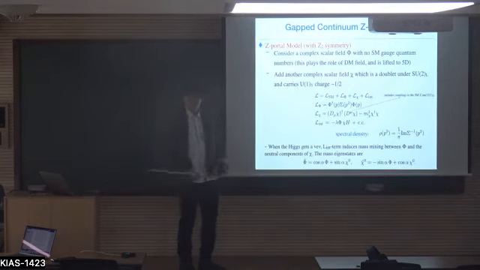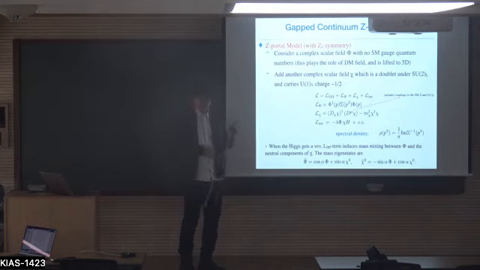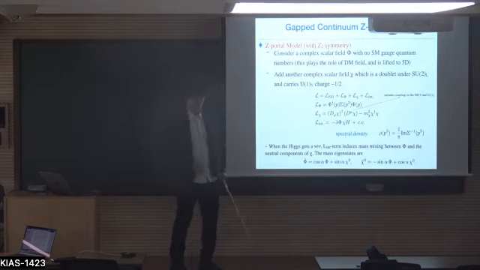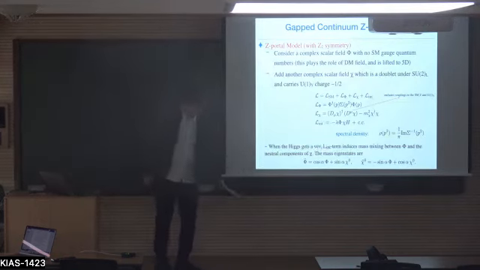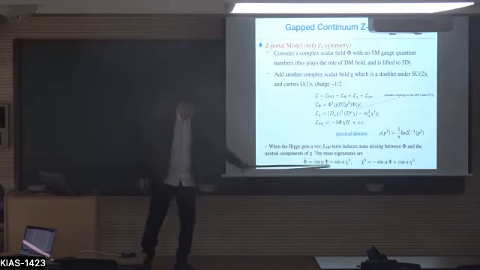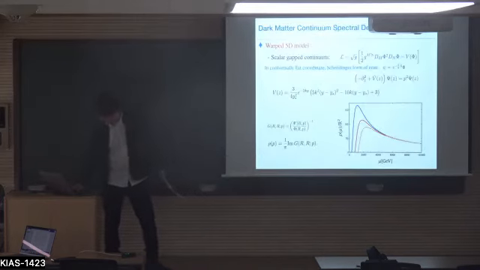If you want to think in 5D language, you have a bulk field and a brane-localized field, and the brane-localized part mixes with the brane-localized particle. In 5D it's simple, but if you translate it into 4D, it gets complicated.